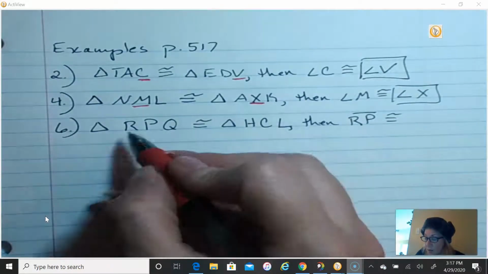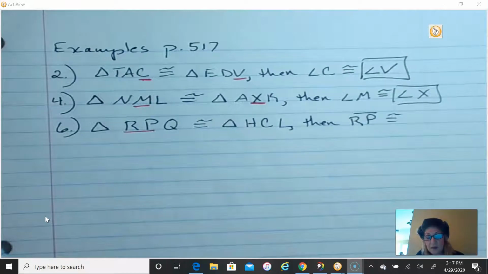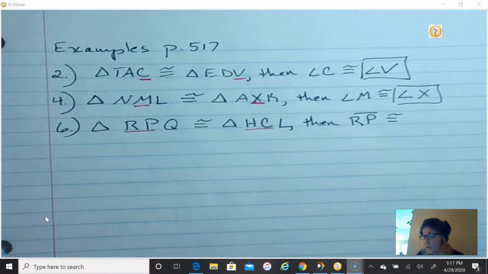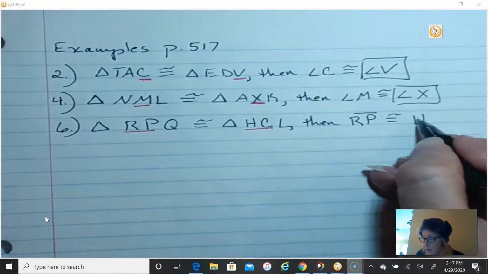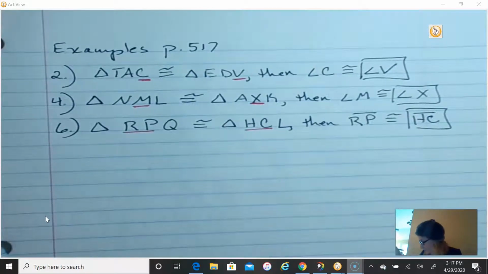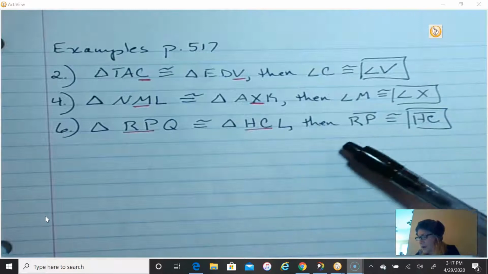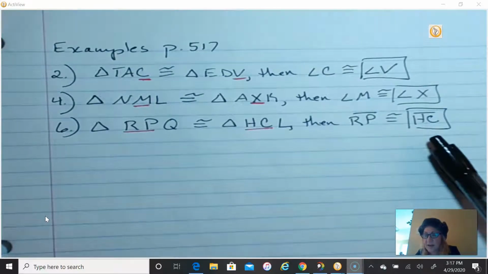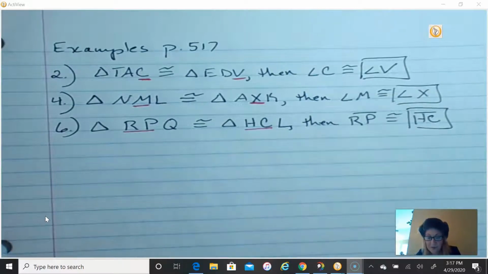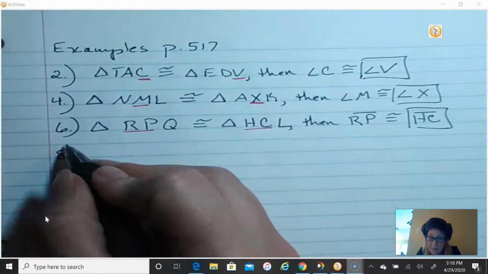R and P are the first 2 listed. Therefore, the first 2 listed over here will be the congruent side, HC. There you go. Side RP is congruent to side HC. Side RP and HC.